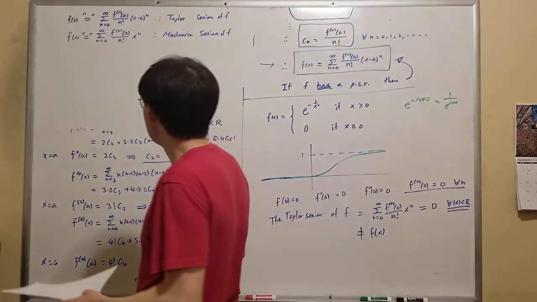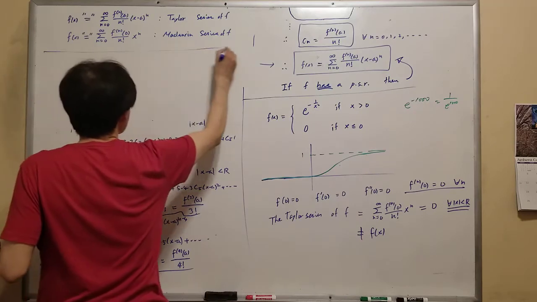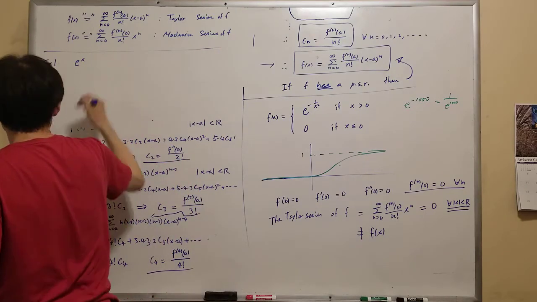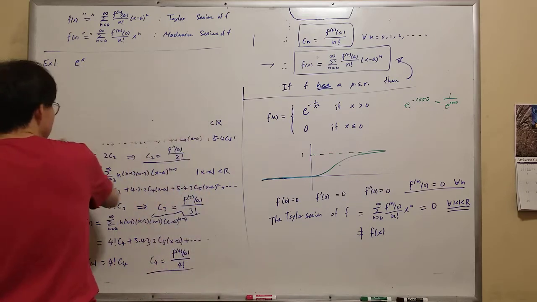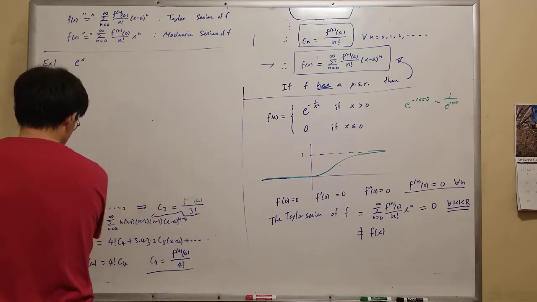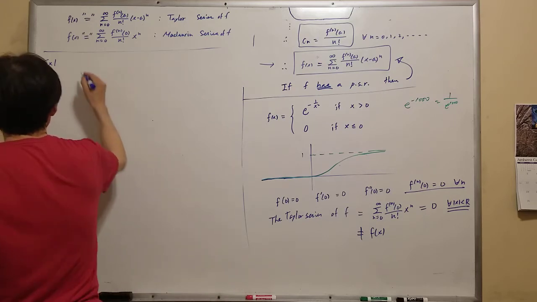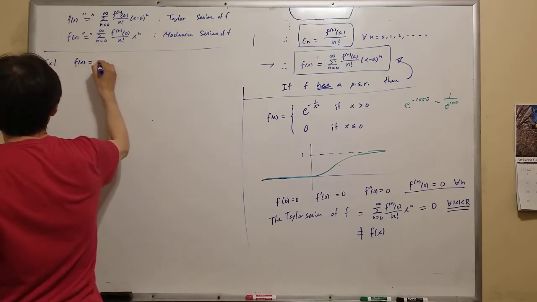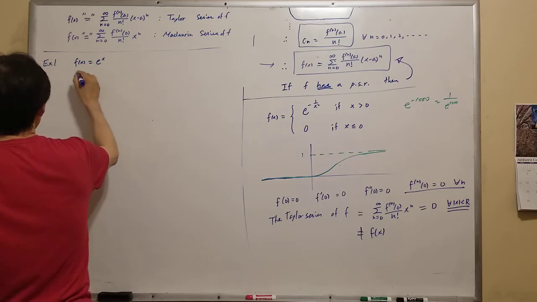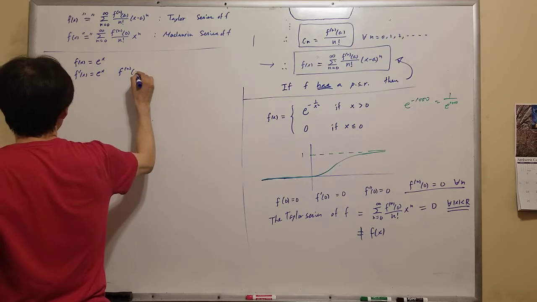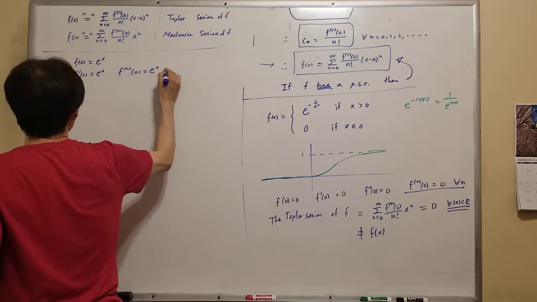So, example 1, find the Maclaurin series of e to the x. Then we know that any order of derivative of e to the x is e to the x, for all n.